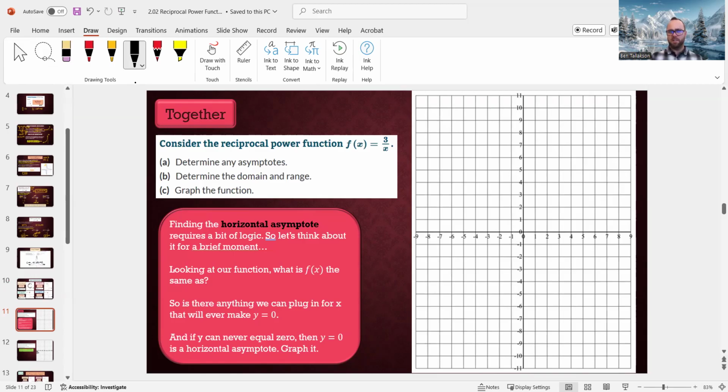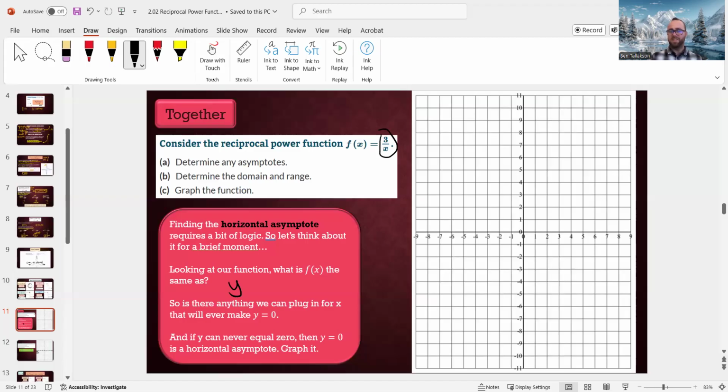Look at our function. What is f of x the same as, did we say before? Y, right? Okay. So is there anything we could plug in for x? F of 0, f of 1, f of 5, f of negative 5,000, anything at all we could plug in for x that would make everything on this side 0?